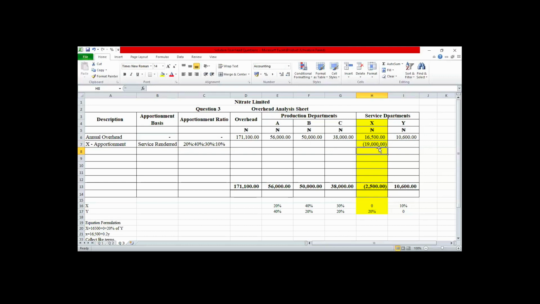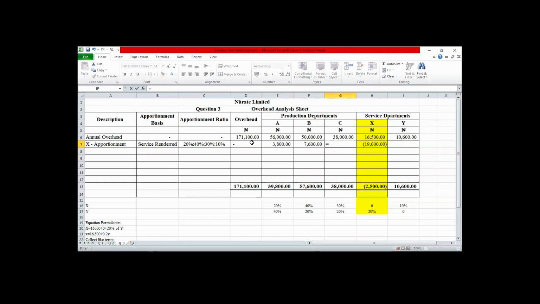What is 20% of 19,000? 20% times 19,000 is 3,800. The second one, 40% times 19,000, is 7,600.